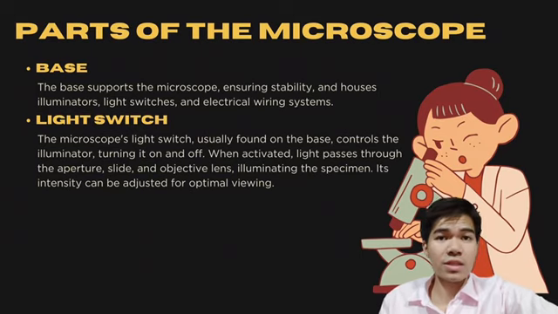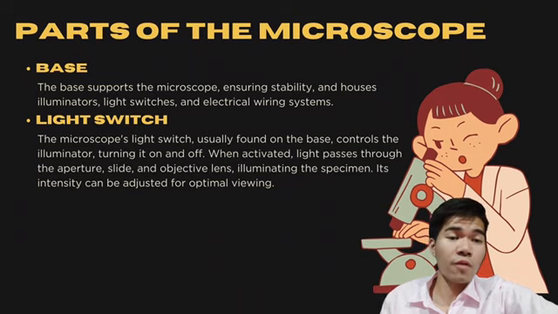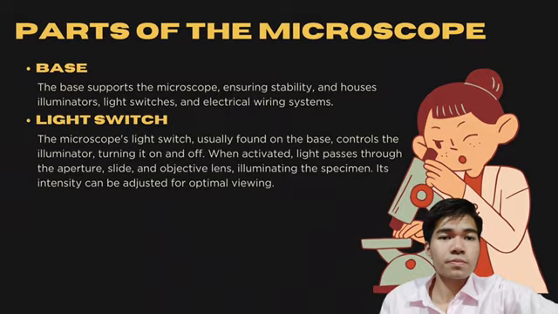Its intensity can be adjusted for optimal viewing. So basically, the light switch is the one that controls the flow of the voltage on the electrical wiring of the microscope. So it turns on and off when the user is using it.